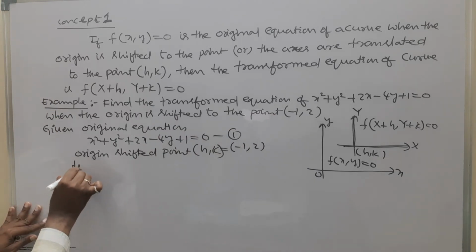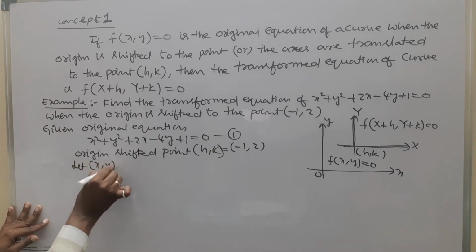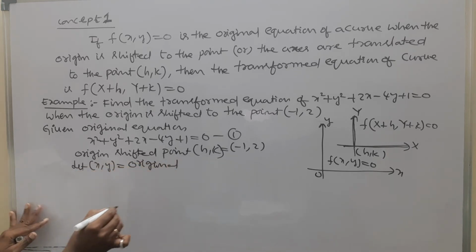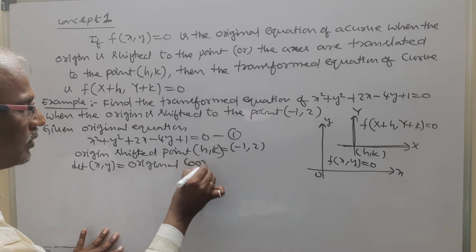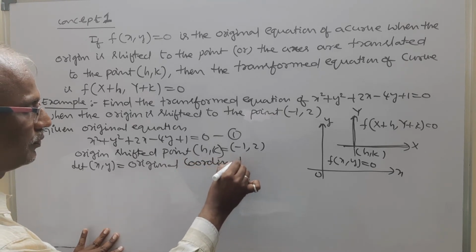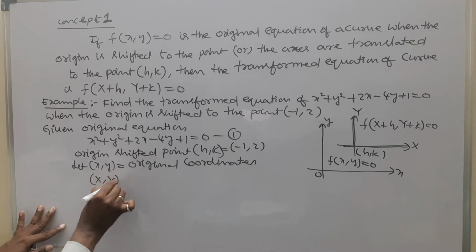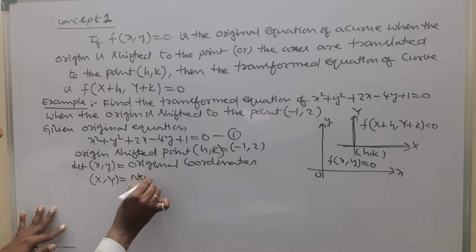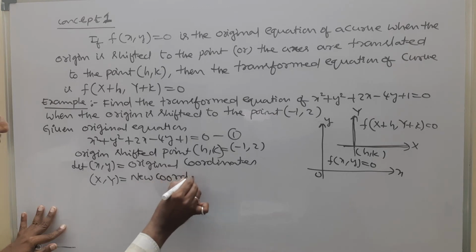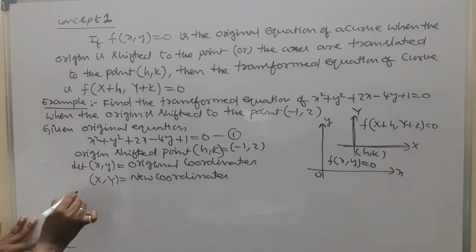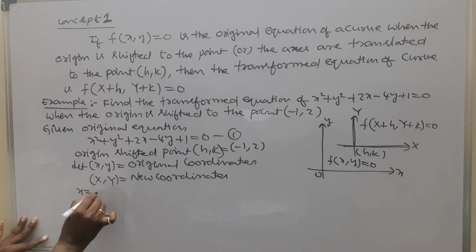Let (x, y) equal the original coordinates, and (X, Y) equal the new coordinates. One relation: x = X + h.